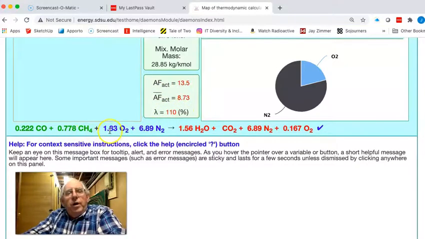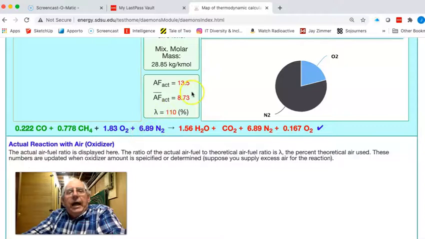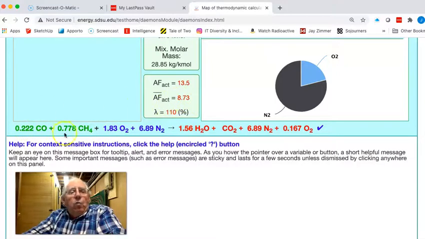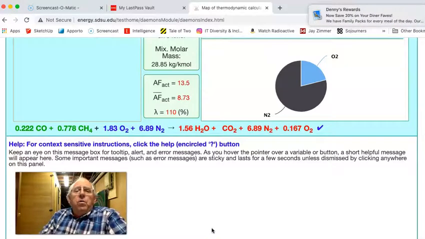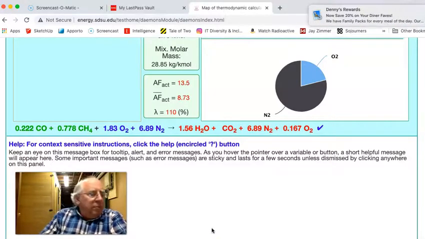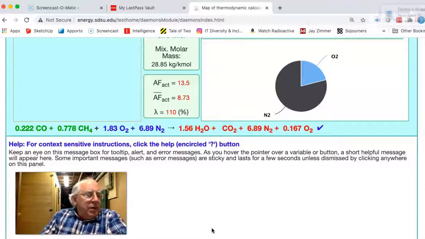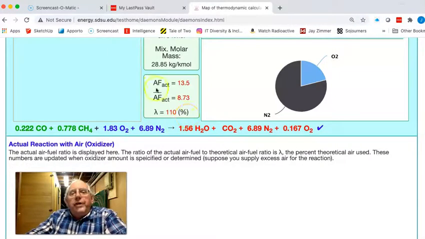And so this 1.83 plus 6.89 adds up to 8.73. And that is divided by 1, which is the number of moles of the fuel. And so the answer to this problem is the ratio, this 8.73.